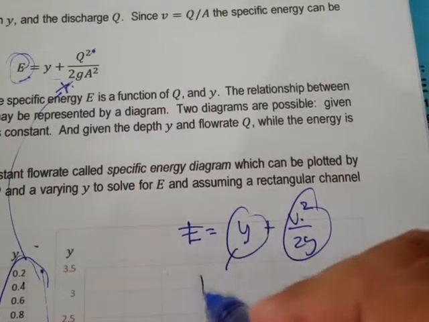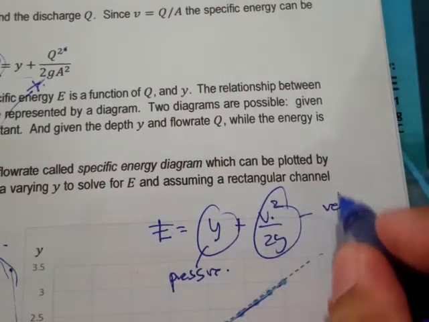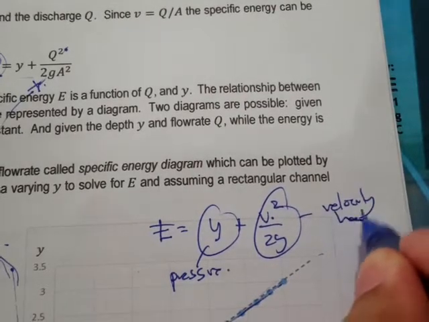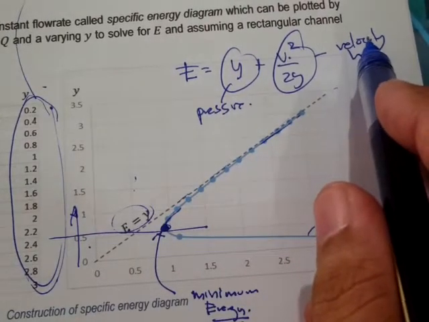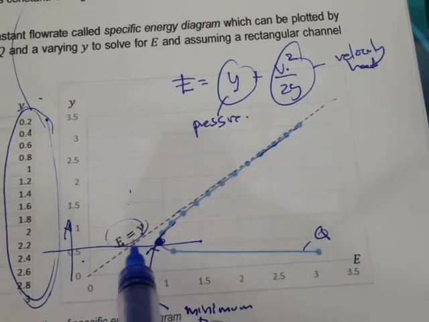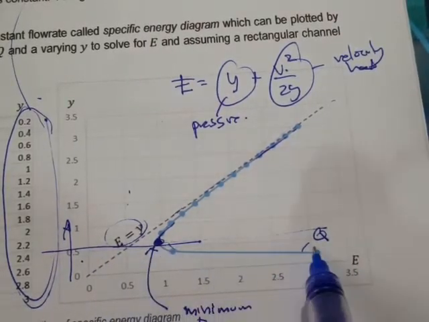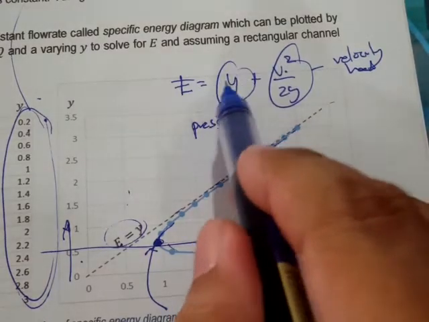Here's our pressure head or static head, and here's our velocity head. So that means that much of the energy is actually attributed to the velocity, right? So it's faster. This condition right here is a faster velocity but a shallower depth.